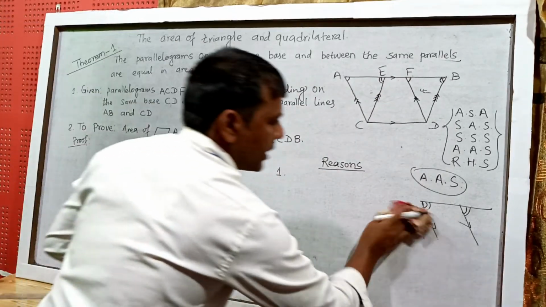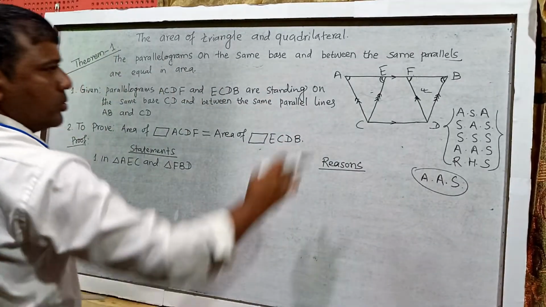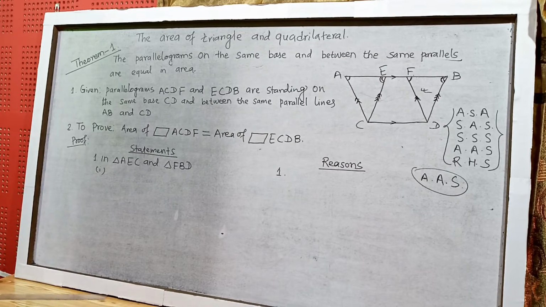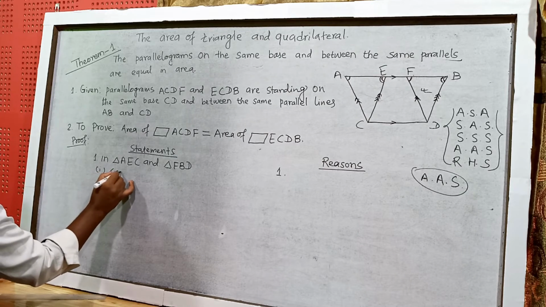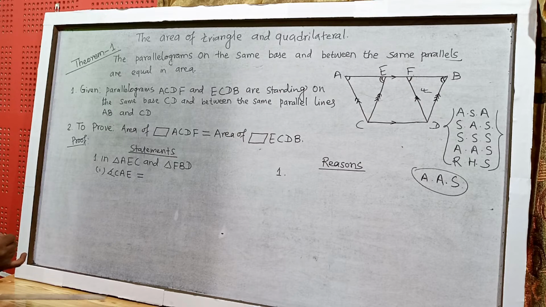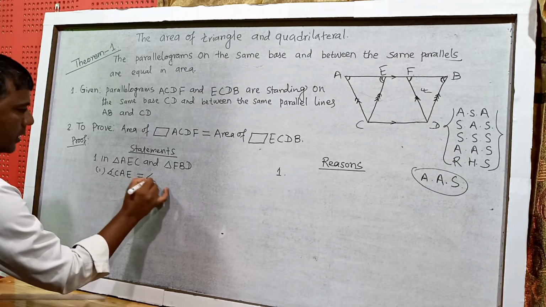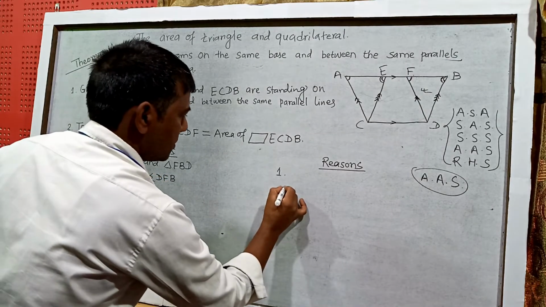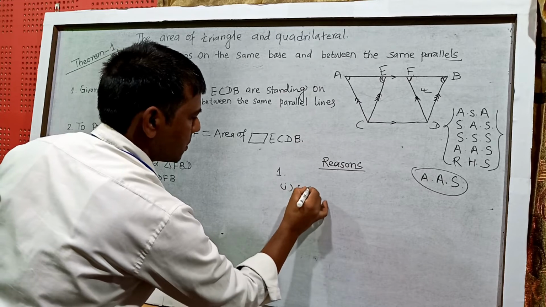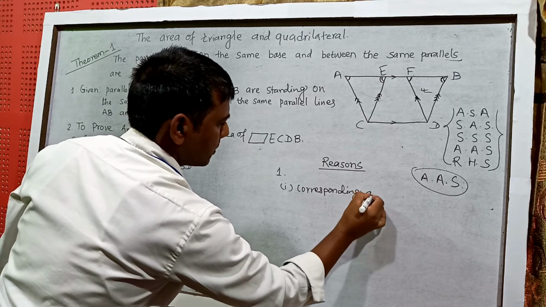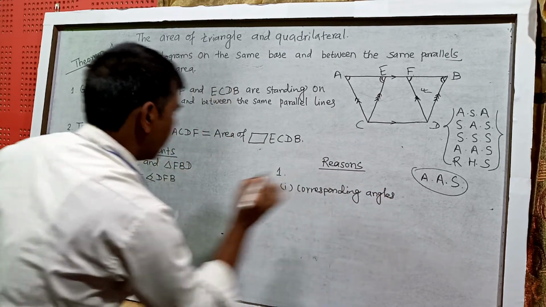So my students, let's try to show them congruent. One number. At first, angle CAE equals angle DFB. Reason: corresponding angles.